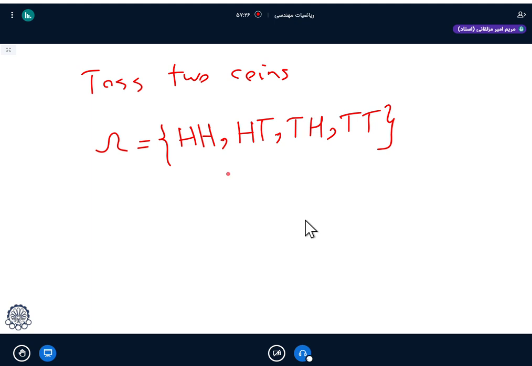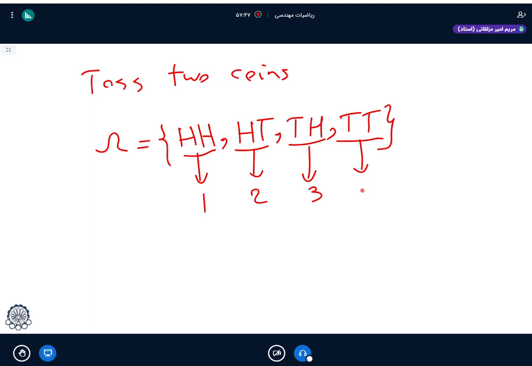If we assign real numbers to each outcome of a random experiment, or to each member of our sample space, we have a random variable. For example, we assign to HH the value 1. We assign 2 to HT.